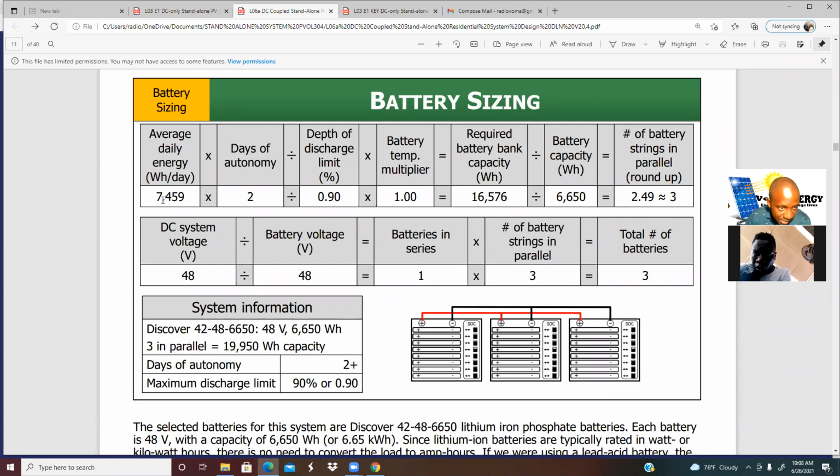So to run a 7,459 watts hour system, how do you divide this and change it to kilowatts? Where is Alberto? Okay, good.